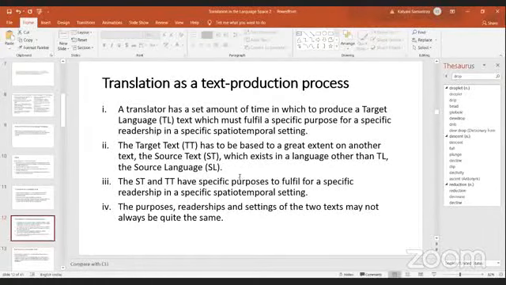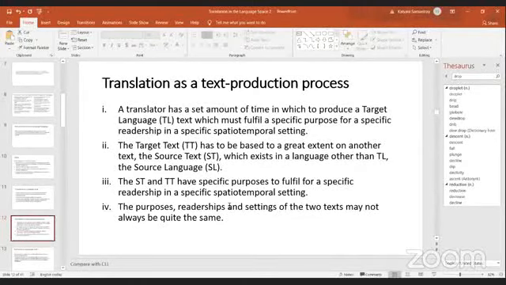So the purpose, the readership, and the settings of two texts may not always be quite the same. The purposes could become different, the readership will become different, the settings will also become different. As I mentioned with the example of Ibsen's A Doll's House, this arises out of the proposition that source text and target text have specific purposes to fulfill.